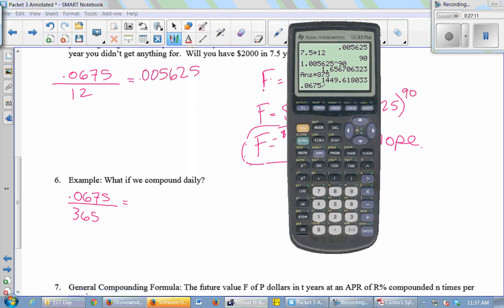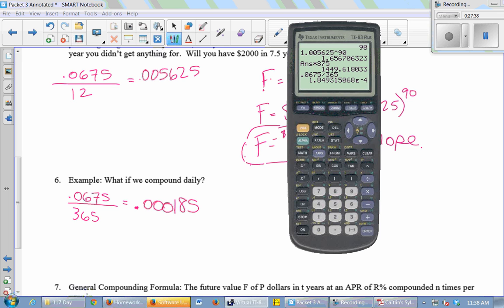0.0675 divided by 365 is, that e to the -4 means move the decimal point 4 to the left. So I'm going to have 0.000185 if I round it. That's my daily interest rate as a decimal, which as a percent would be 0.0185%.